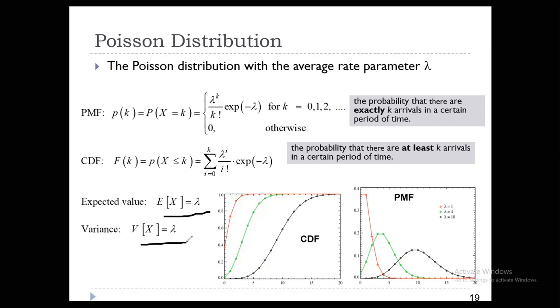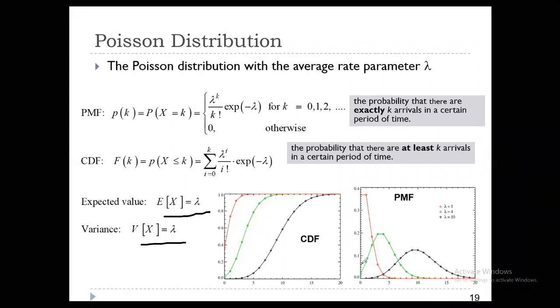Later on in the validation process, we will come to a data set which looks like a Poisson process, and we'll have to identify whether indeed the process is a Poisson distribution. To do that, you first have to know the nature of the graph, the probability distribution for the Poisson.